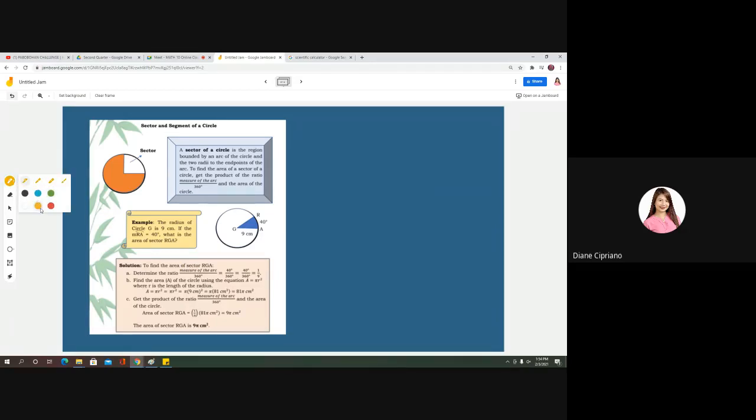So, what is the measure of the arc? The measure of the arc is 40 over 360 degrees, or it is also equal to 1 over 9. So in that case, you can now proceed on our step 2.